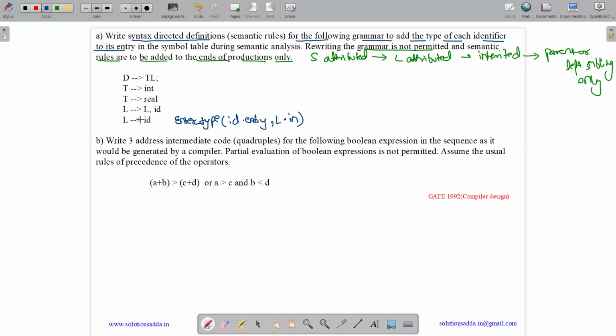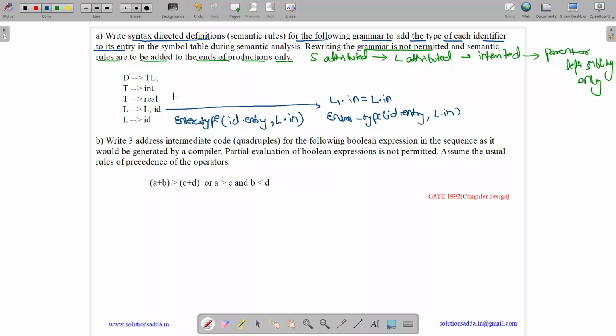We have to do L implies L comma ID. So what can be the rule for this? The rule for this can be, first of all we will enter the type. So we will have enter_type. We will take id.entry and L.in. And then we will assign this L to this L. So we will have L1, we will create a new instance, L1.in equals L.in.